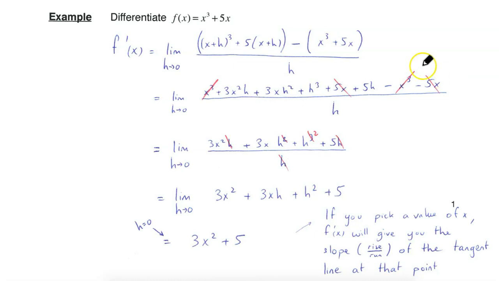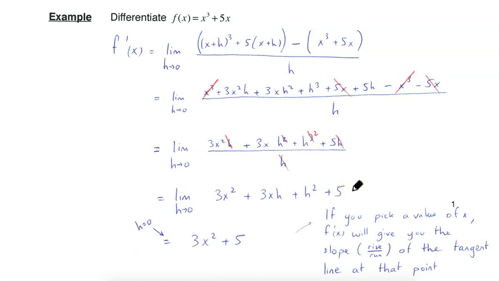So up here, direct substitution is not possible. If I just plug in h equals 0, I get 0 over 0. But after simplifying, and simplifying more, I get to a point where I actually have a polynomial here, and I can plug in h equals 0. So that's the step that is the most satisfying.